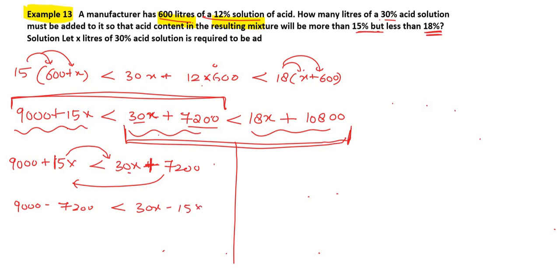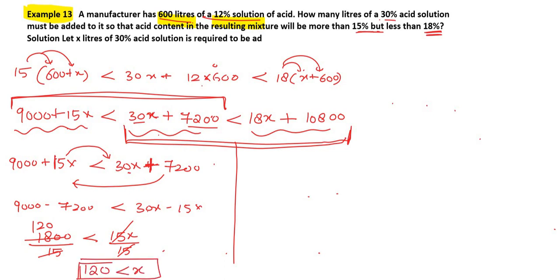So what is this minus this? 1800 less than 15x. Here we can divide by 15 on both sides because we don't want 15. Divide by 15, this will become 120. So here I am getting 120 less than x. This is the first solution.